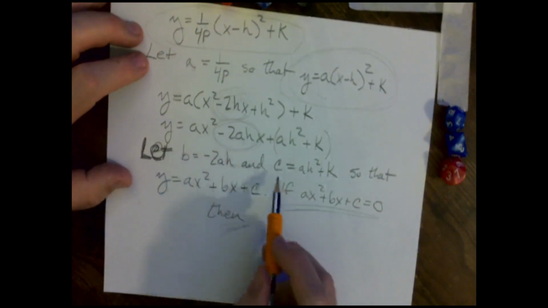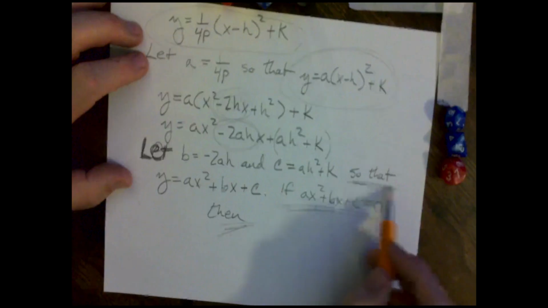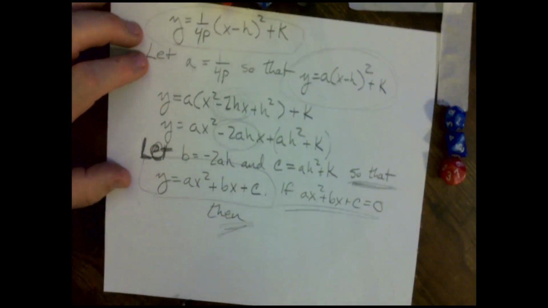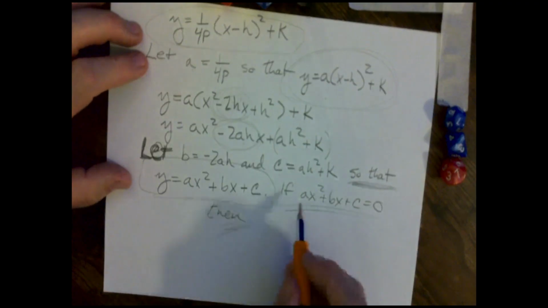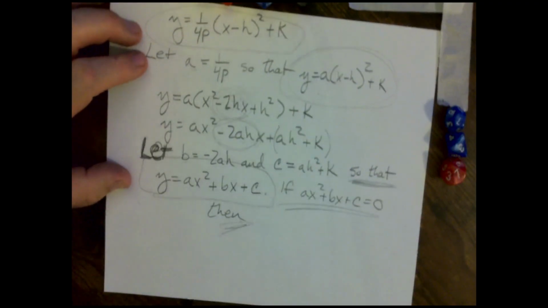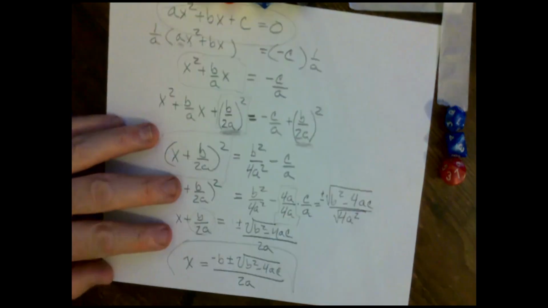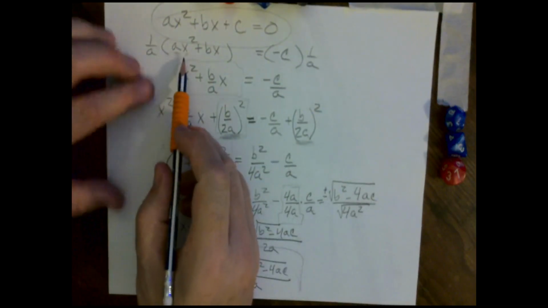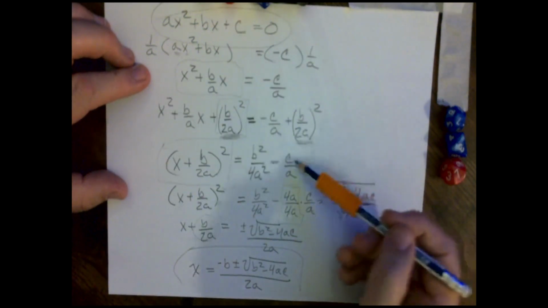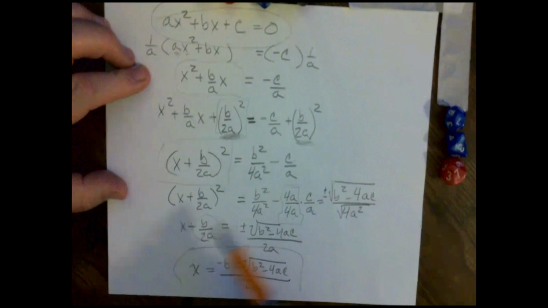So let b be this and c be that, so that we can write it like this: y equals ax squared plus bx plus c. So then if that's equal to 0, then with some logic, some algebra, some multiplication, we get our quadratic formula.